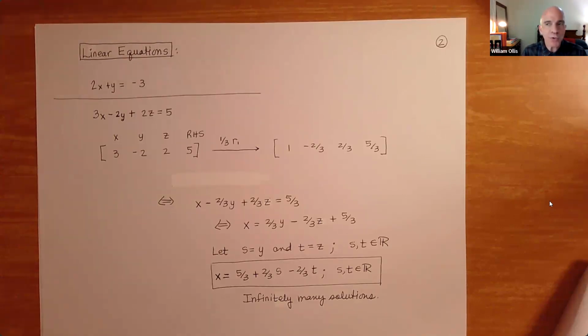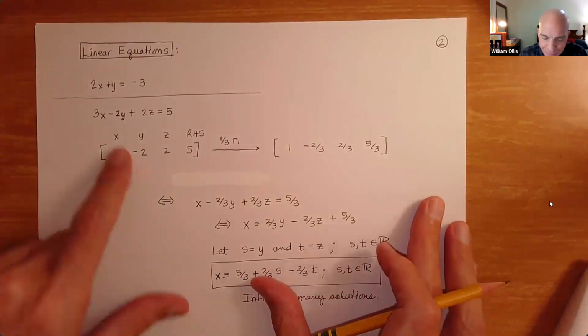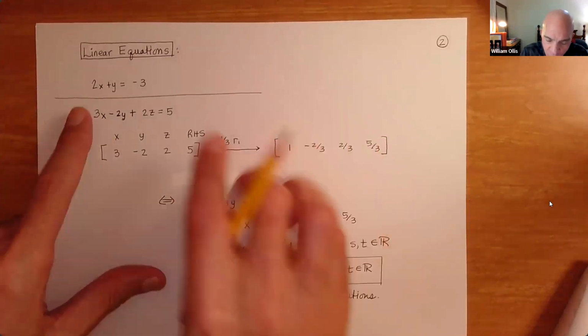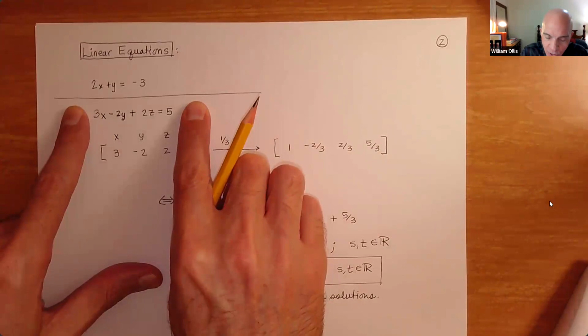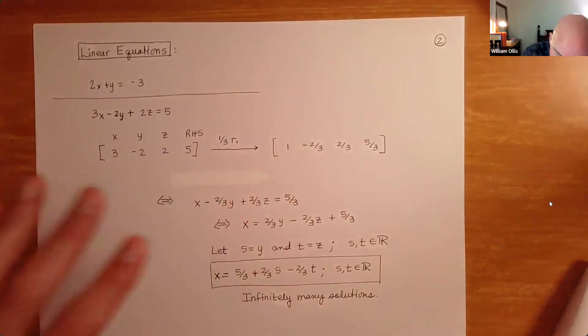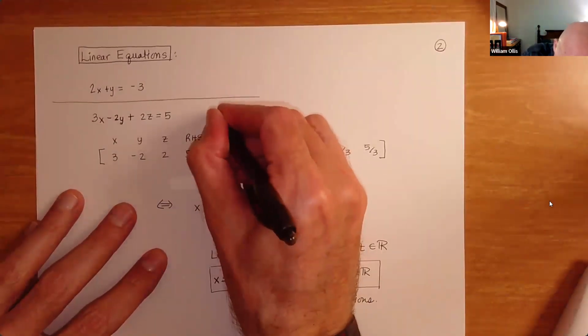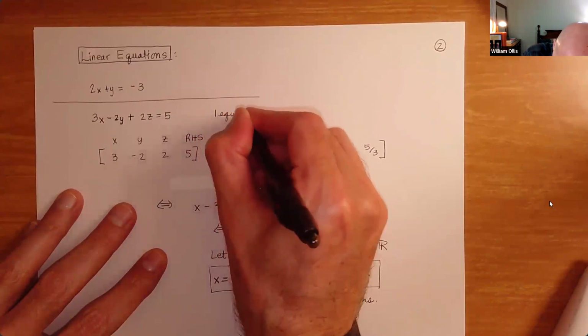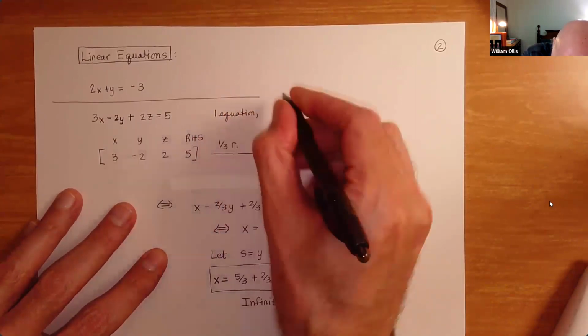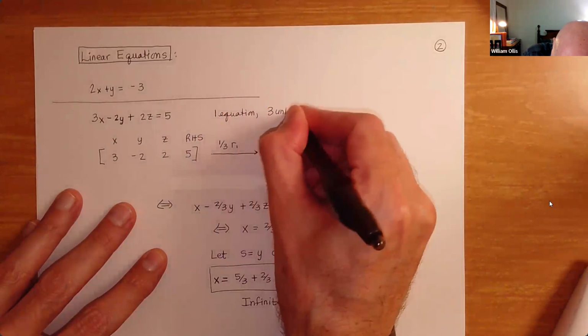And I want you to understand that in terms of matrices, we can actually process the solution just as we would need to in other, maybe larger, situations where we have more equations. So notice, if we just restrict to this one equation and three unknowns, so write that down. One equation, three unknowns.